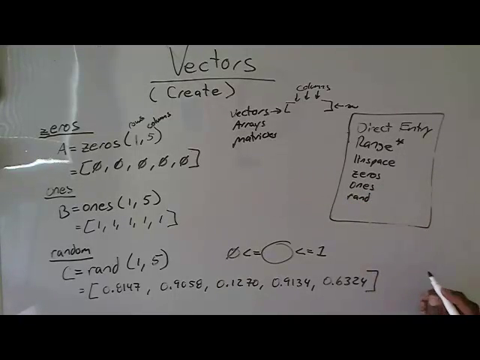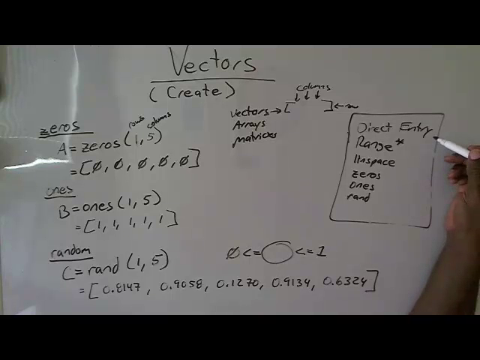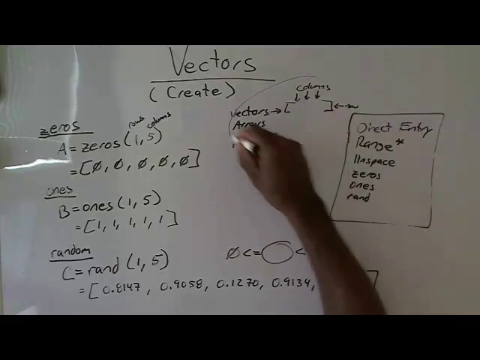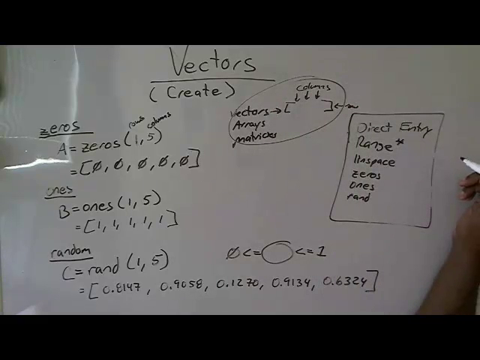If we can master these, then we'll be able to create any vector we want. Understanding that vectors are one-dimensional, we'll get into multi-dimensional stuff later. So that's creation of vectors. Next, we're going to look at some operations on and with vectors.